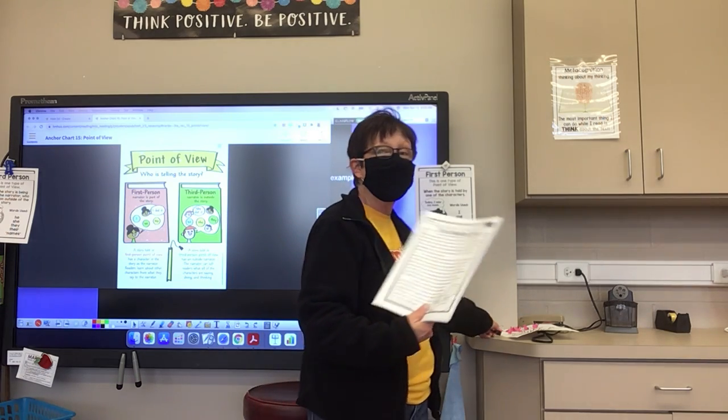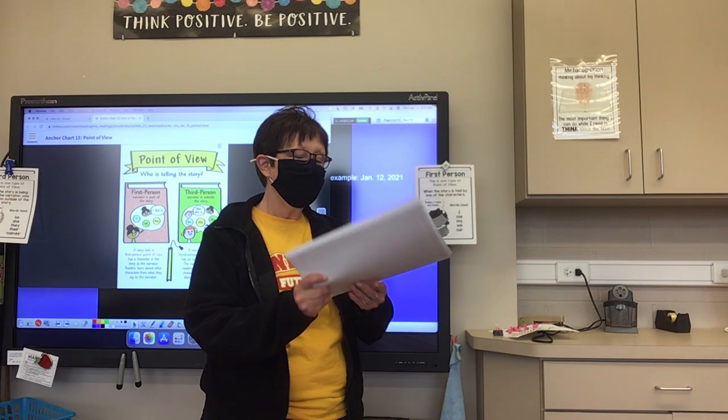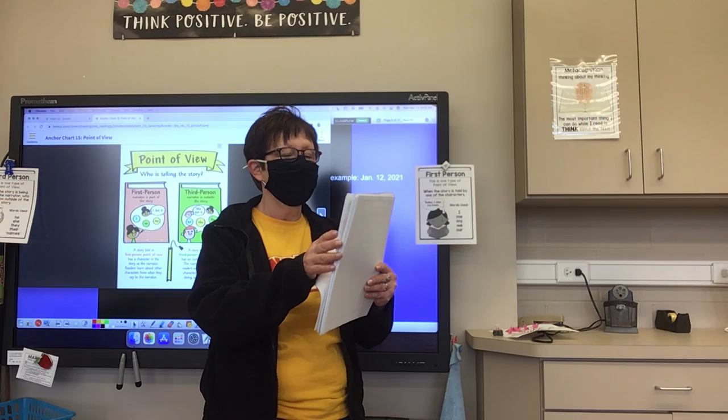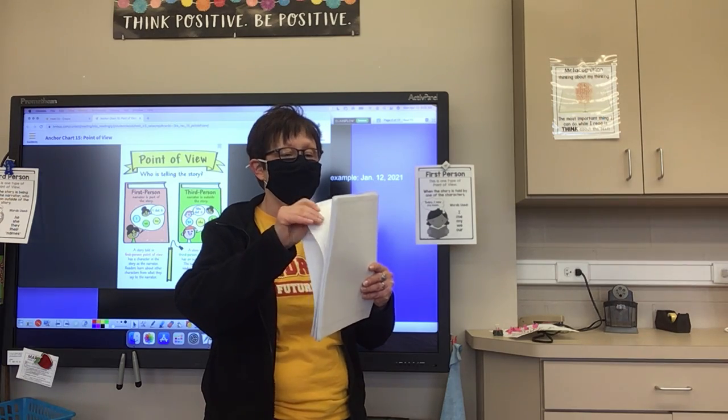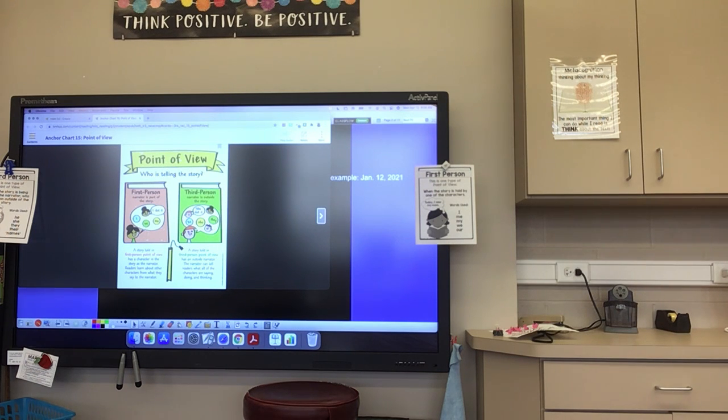It is called The Reading Spot. So we're going to read The Reading Spot, and we're going to try and determine what point of view it is in. Okay? Are we ready? We have some questions we're going to answer about The Reading Spot.